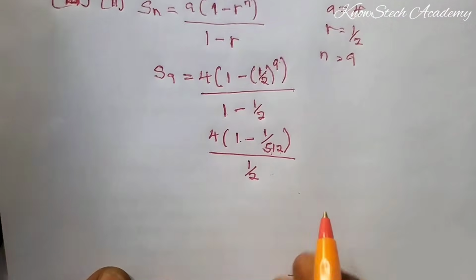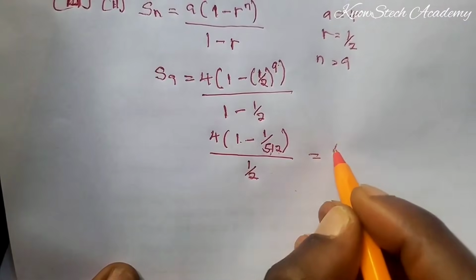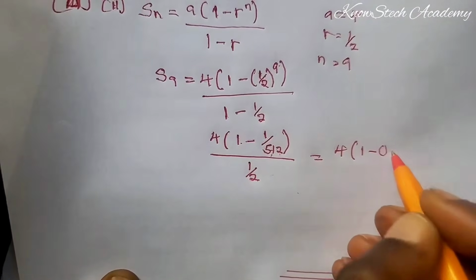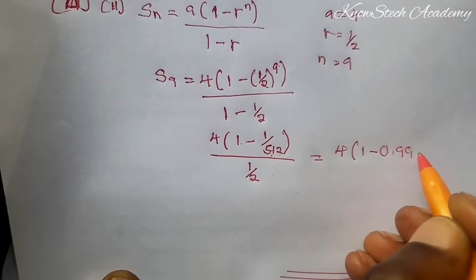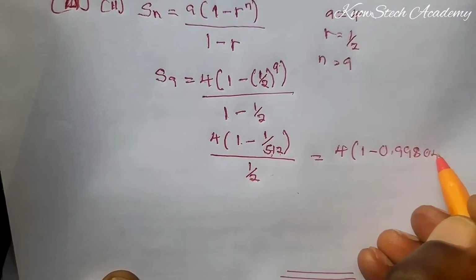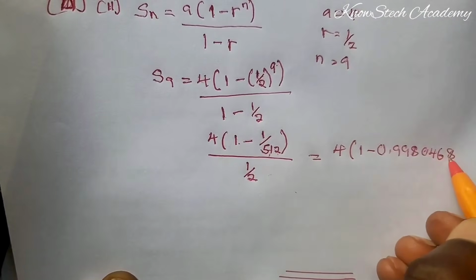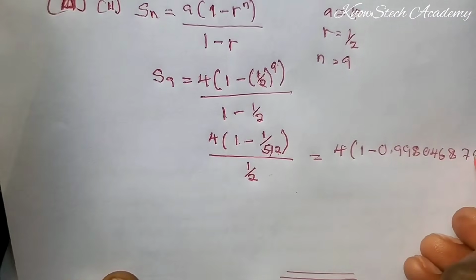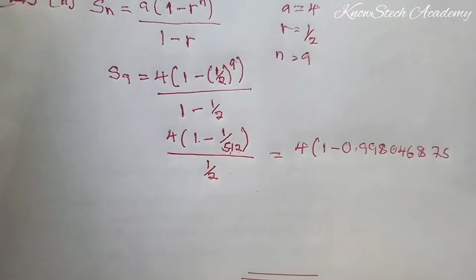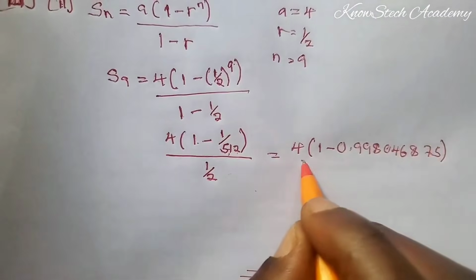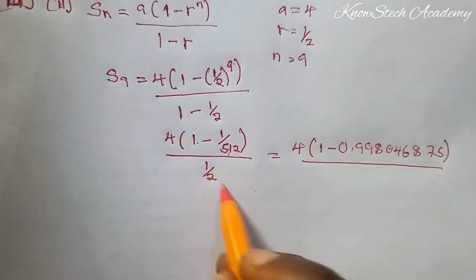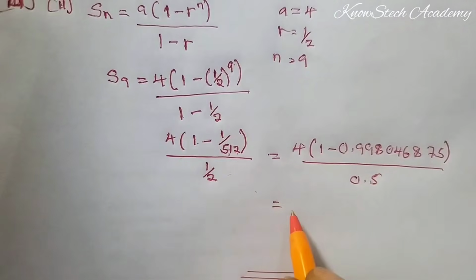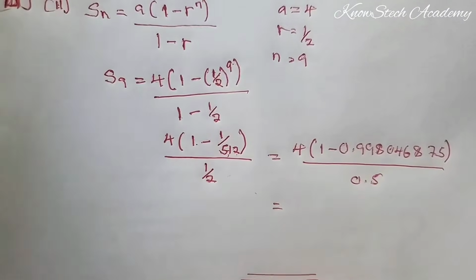As a decimal, it's giving me 4, open bracket, 1 minus 0.998046875, and divided by 0.5, 1 over 2 is 0.5.